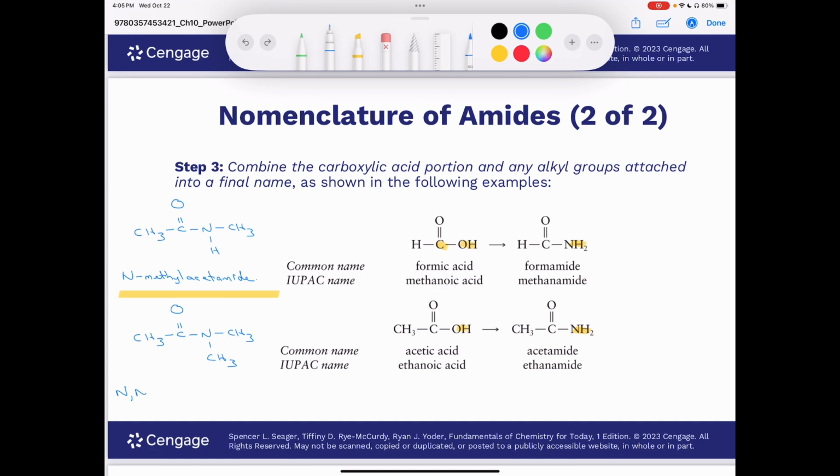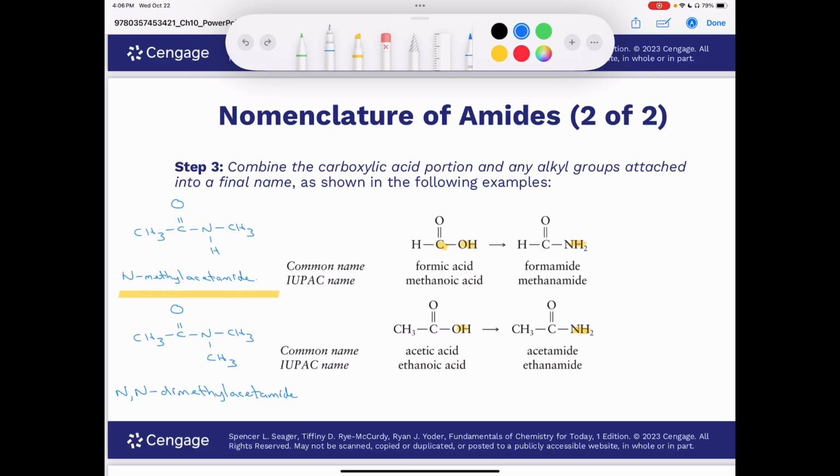You have to put the N each time you have an alkyl group attached to this nitrogen. So N,N-dimethyl acetamide. And like I said, if this was an ethyl group, then it would be N-ethyl N-methyl acetamide. And you could also call this compound N,N-dimethyl ethanamide as well.